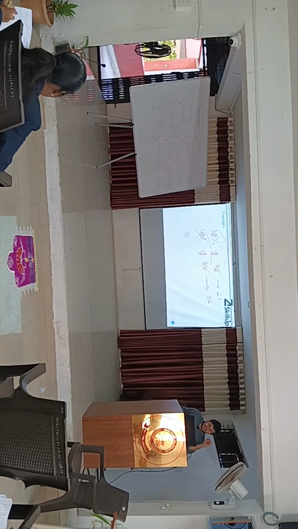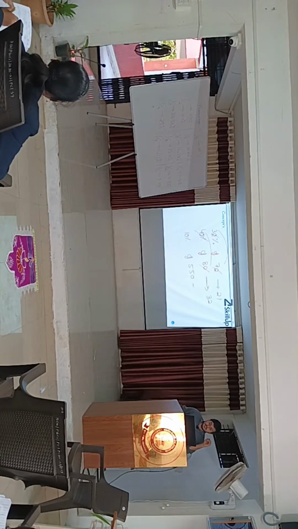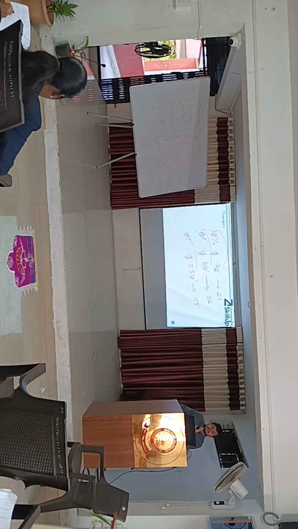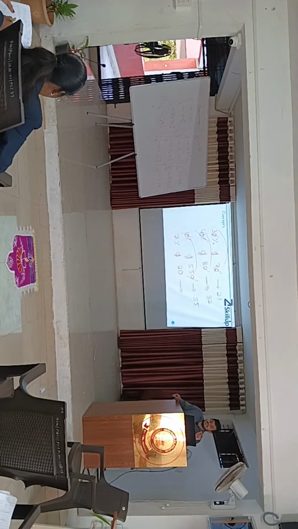If I say 10% of 550, what is the value? Cancel 0, 55 comes. Did you understand this one? Any doubts over here? If I say, no sir, 7% of 20, you tell me.